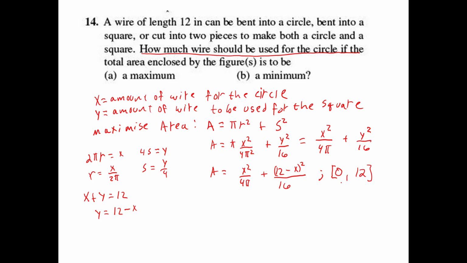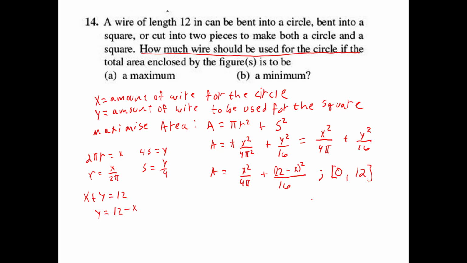You're going to have to check the endpoints, right? So you have a continuous function on a closed interval. Your interval's from 0 to 12, but you no longer have the endpoints giving you 0 like we did in a lot of our problems. Okay. So next we have to find the critical points.